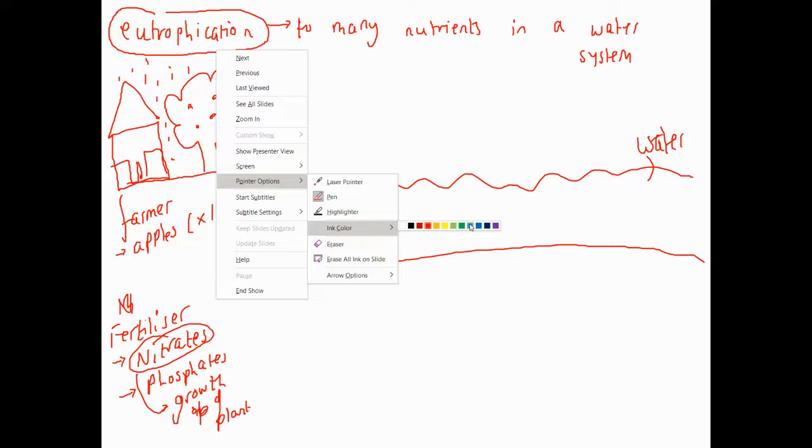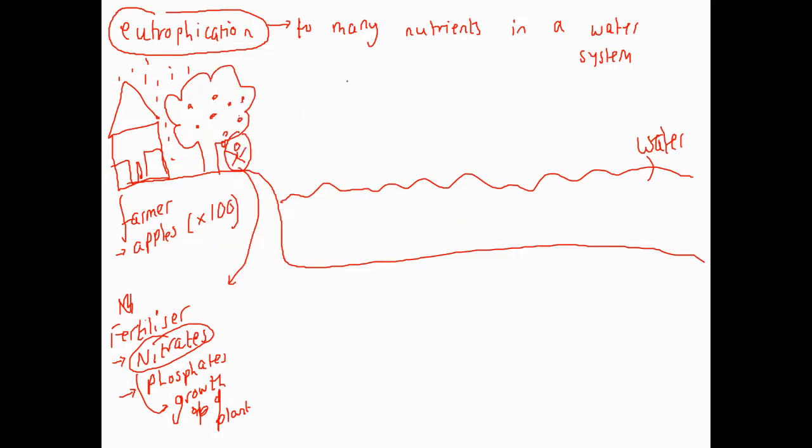So this fertiliser's been sprayed, and this fertiliser would go into the roots, and it would allow it to grow quicker. So you're going to get more apples. However, not all of the nitrates, boys and girls, get absorbed by the roots. So I'm going to put not all nitrates absorbed by roots. I'm going to show you the other slide in a minute.